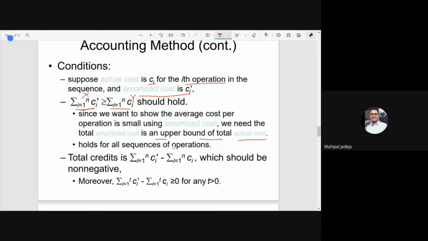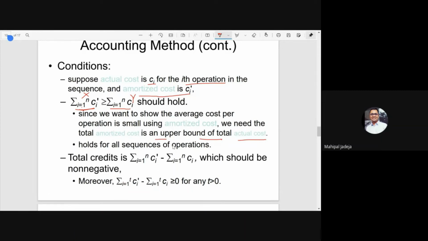So definitely amortized cost must be an upper bound on the actual cost. That's the condition, so we must take care of it. We should assign our amortized cost in a way that satisfies this condition.